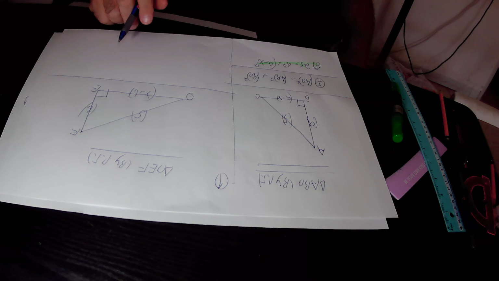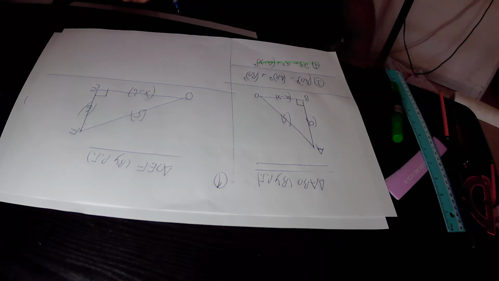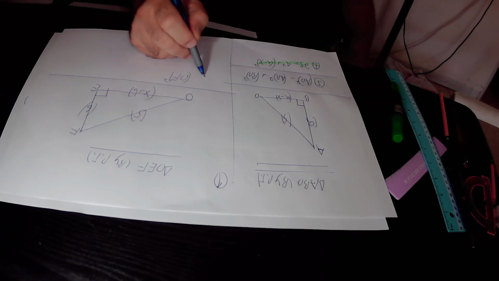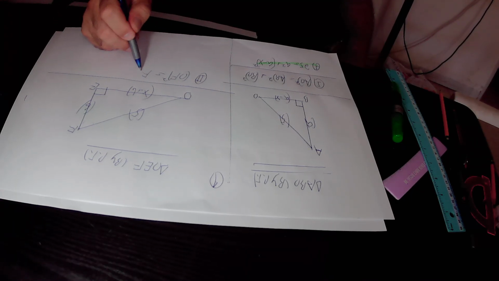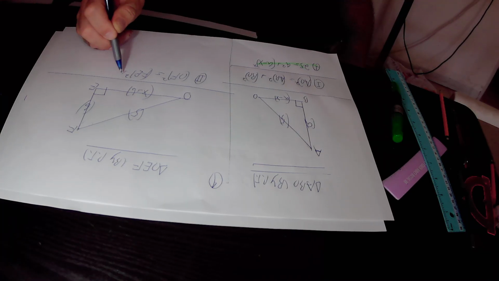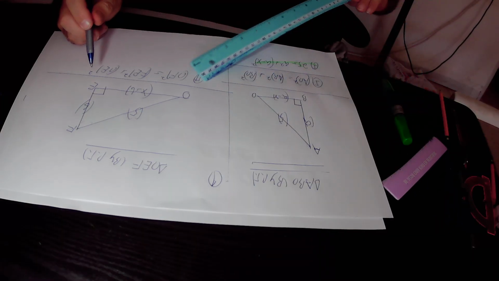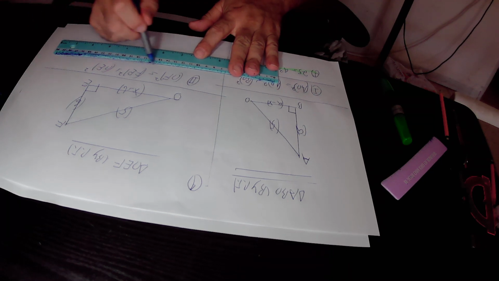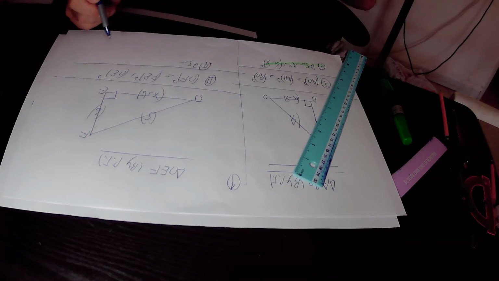According to the Pythagoras theorem, in this right triangle OFE, OF squared, that is the square of the hypotenuse, equals FE squared plus EO squared. So write it down. OF is 5, therefore OF squared is 5 squared, that is 25, and it is equal to FE squared plus OE squared.